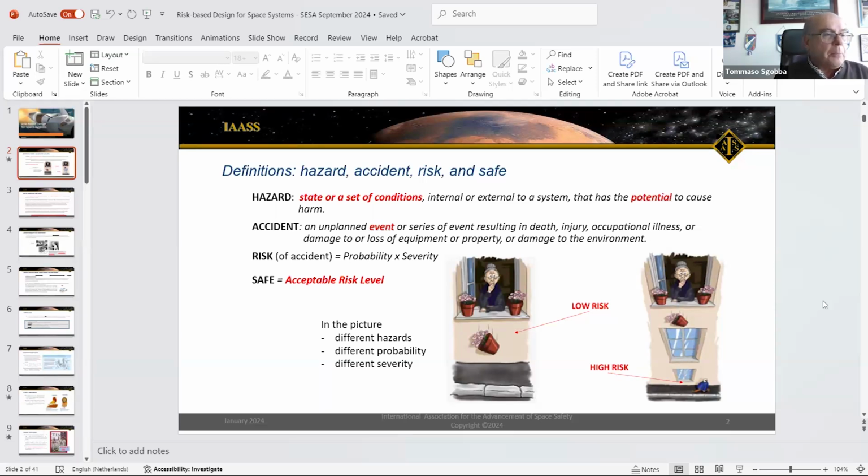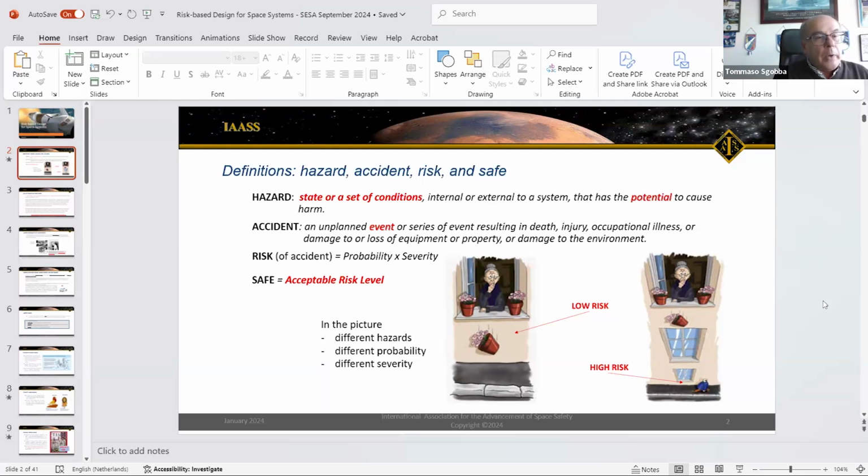What you see in that picture is a pot of flowers, which an old lady accidentally pushes off the balcony. In one case, there is a loss of the pot because it crashes on the floor. In the other case, there is a poor guy passing beneath the balcony exactly at the moment the pot is falling.